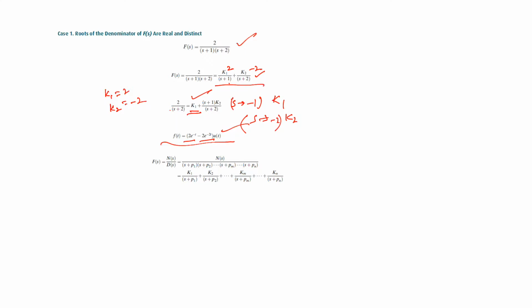It can be explained by this general term. Let us suppose that we have one function F(s), with numerator N(s) and denominator like that. We represent the whole function as k1 divided by s plus p1 plus k2 divided by s plus p2, and after that we multiply the term like I explained in the previous example.